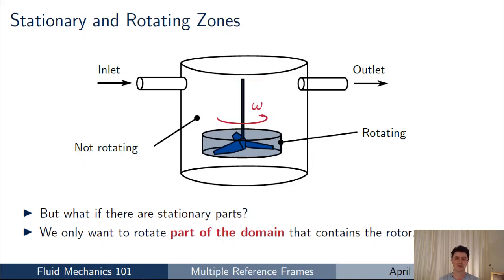And likewise, we may have other equipment, we may have a tower or a connection for whatever our rotor is, or stator blades, for example, where we can't physically rotate the entire domain and we only want to rotate part of it. So the multiple reference frame approach is an extension of that single reference frame approach when we have stationary parts of the domain that we can't rotate.